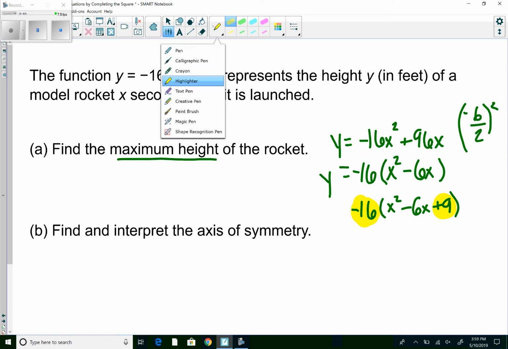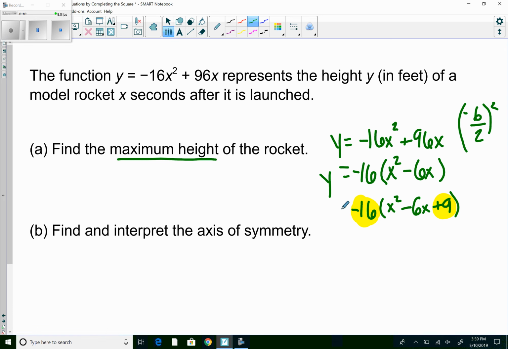What you have to do to the other side is add in the factor of negative 16 times 9, because you've got this factor of negative 16 out here. Remember, this 16 can be distributed out. We have to keep this balanced. So on the right-hand side, that's going to turn out to be y minus 144, and then that's going to be negative 16.